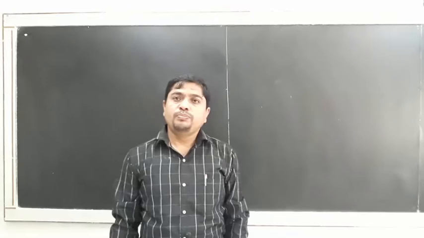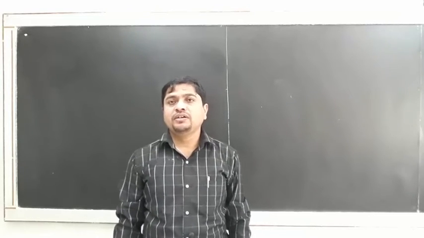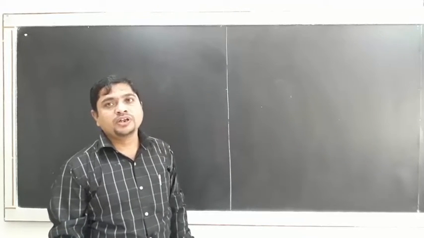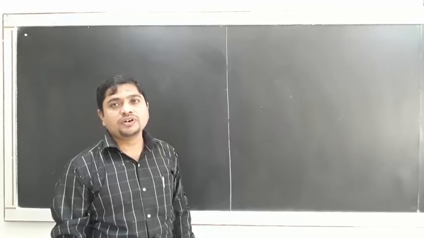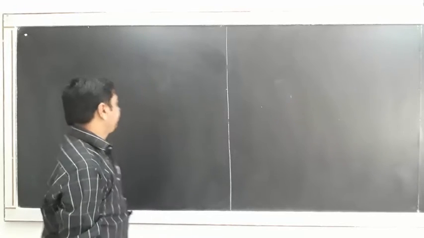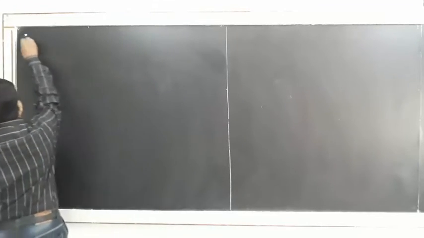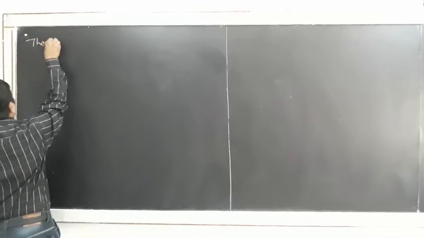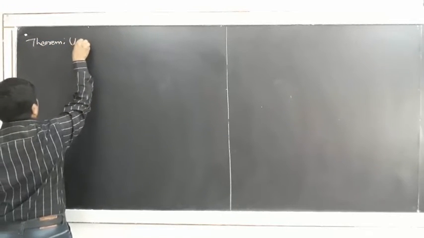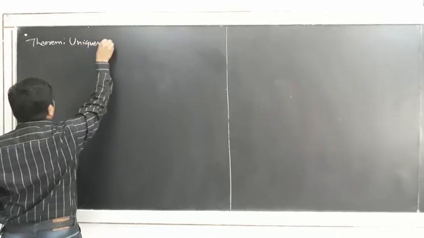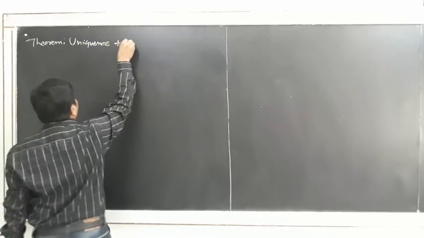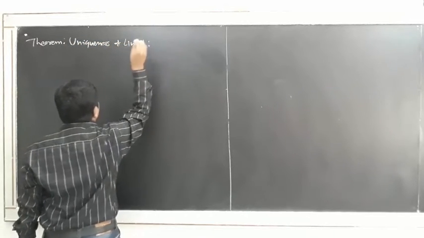Now we prove some theorems on limits. The first theorem we have to prove is the uniqueness of a limit. So the first theorem is uniqueness of limit. What is the statement?